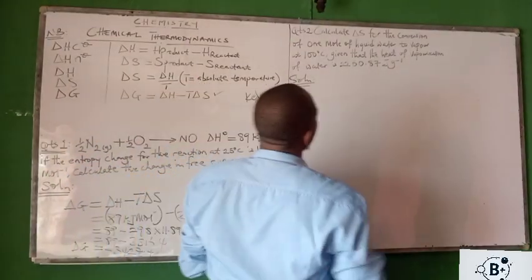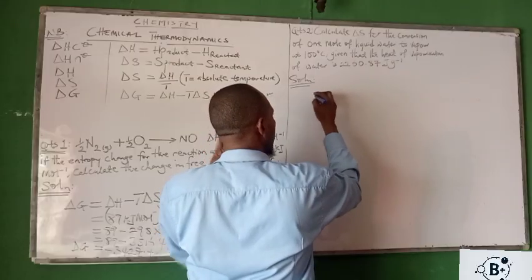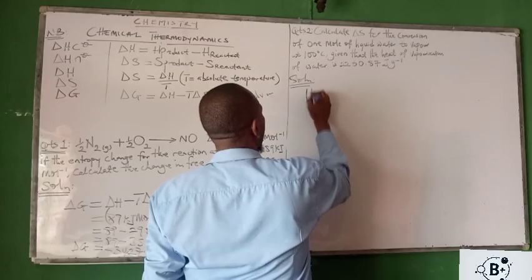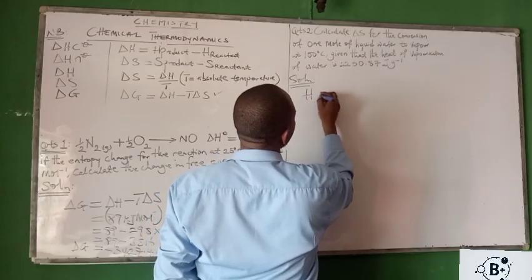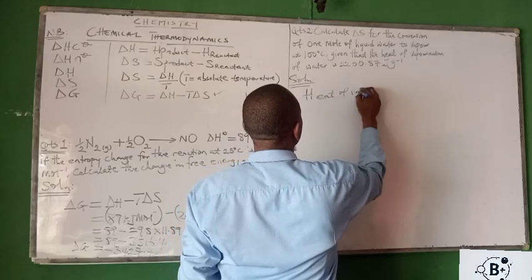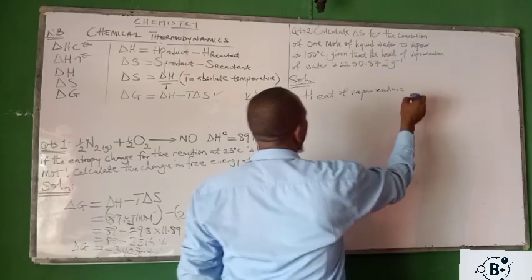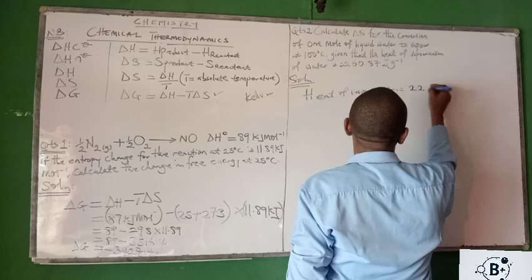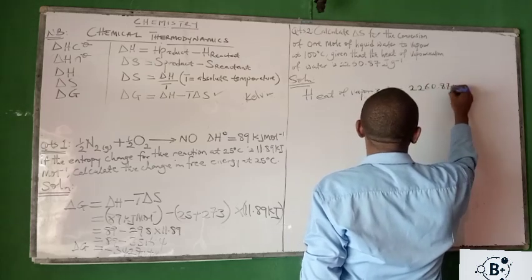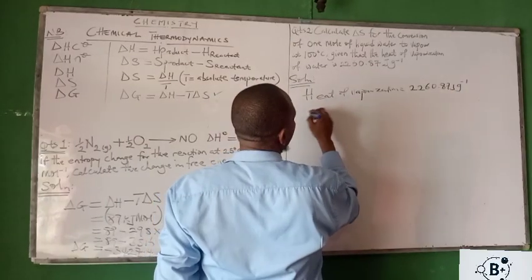So now, what you do is you start by noting the heat of vaporization, which is given to us. Heat of vaporization is equal to 2260.87 joule per gram.